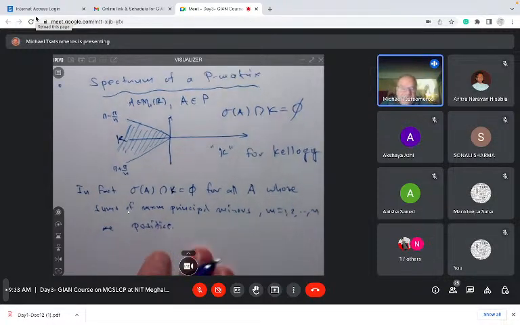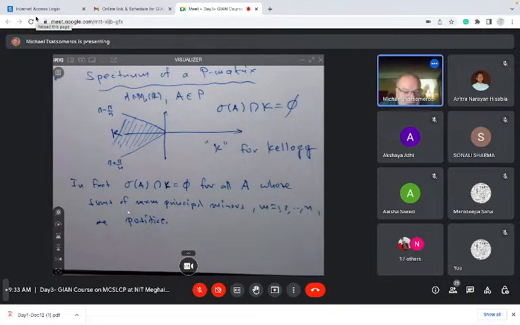So we don't need to have all the principal minors being positive, but we want the sum of all 1 by 1 principal minors, the trace, the sum of all 2 by 2 principal minors, the sum of all 3 by 3 principal minors, to be positive. If you have such a matrix A, then its eigenvalues cannot be in that region K, right?